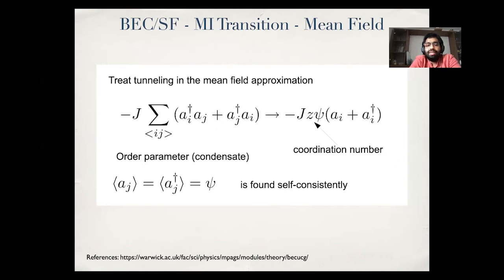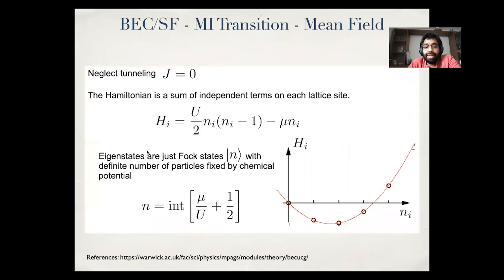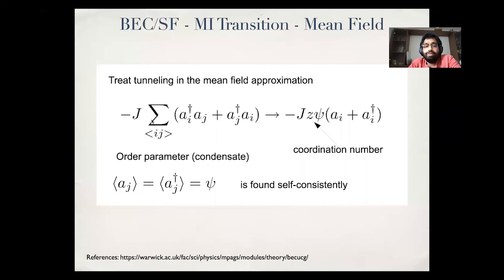The way to do that is simple. It has two steps. The first step is that I have to introduce this tunneling term, which has a_i dagger a_j and a_j dagger a_i. I take this tunneling term and introduce it as a perturbation. I'm going to perturb my energy eigenstates, which are Fock states, and calculate the new energy eigenstates under this perturbation from the tunneling.